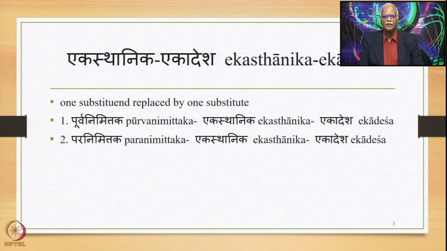This Ekasthanika Ekadesha can be further classified into two, Purvanimittaka Ekasthanika Ekadesha and Paranimittaka Ekasthanika Ekadesha. Purvanimittaka states that the nimitta is Purva and Paranimittaka states that the nimitta is para.